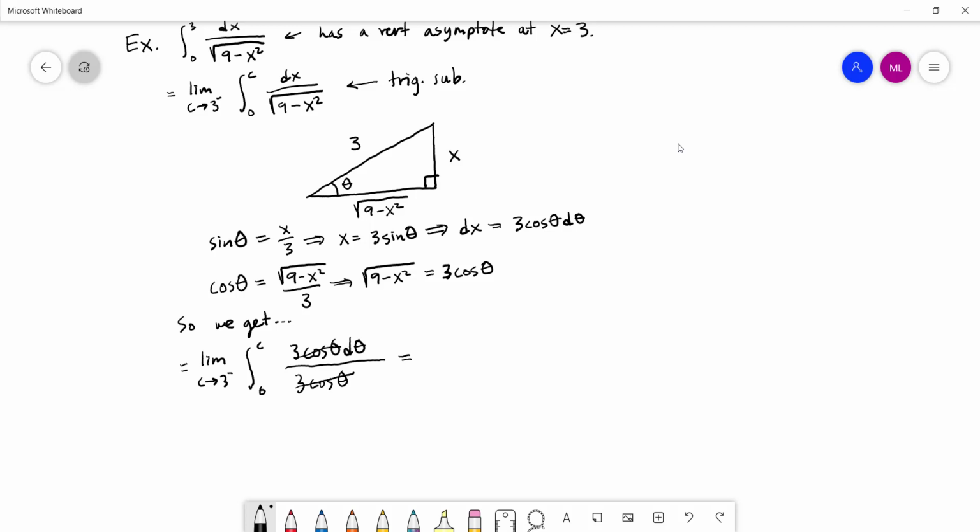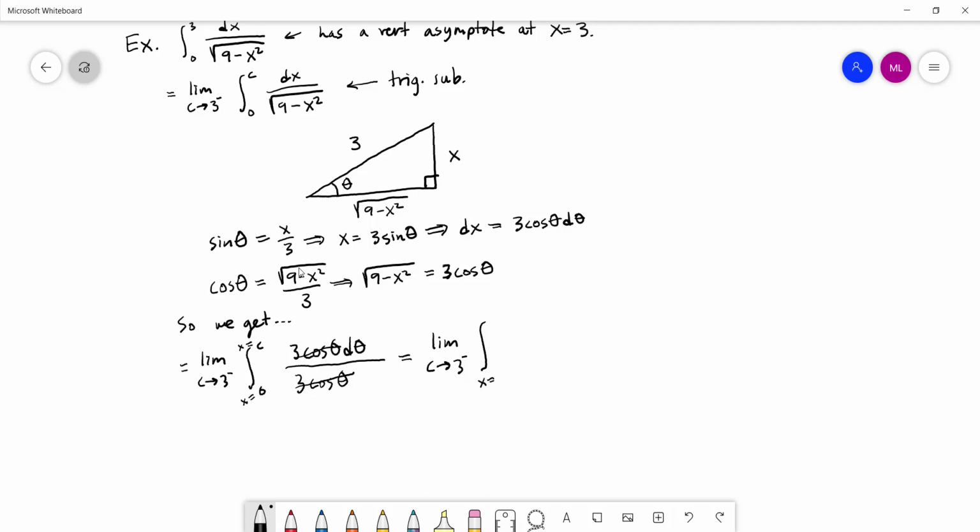So this is just going to be the limit as c goes to 3 from the negative side of the integral. And I should keep in mind, these bounds here are still in regards to the original x. So let me write that: x equals 0, x equals c. I haven't changed the bounds. I'm still keeping them in terms of c. We'll come back and convert the whole thing to x before I evaluate the bounds.